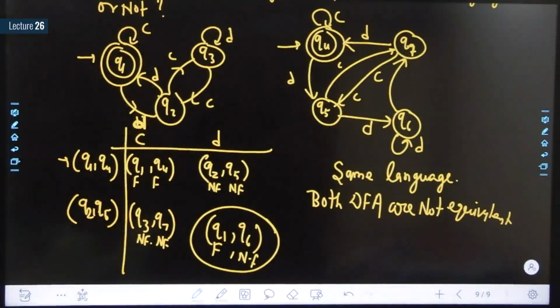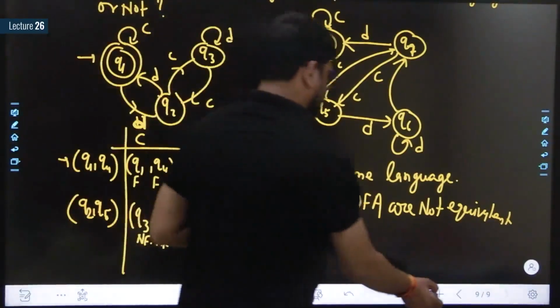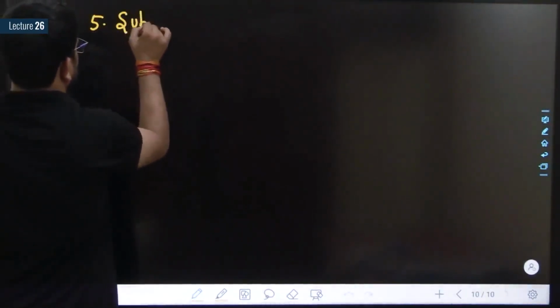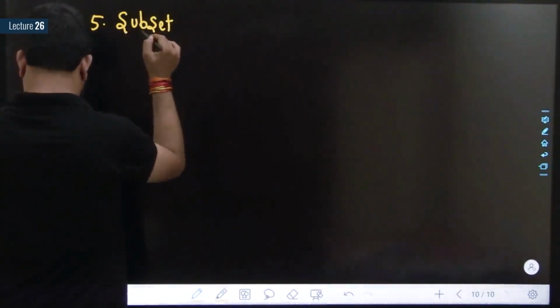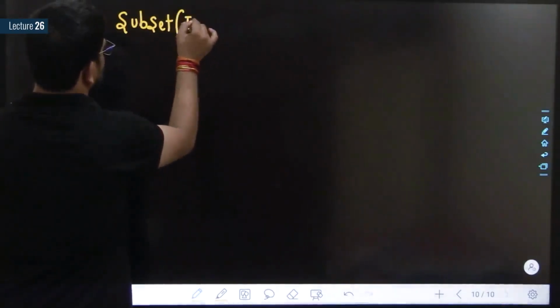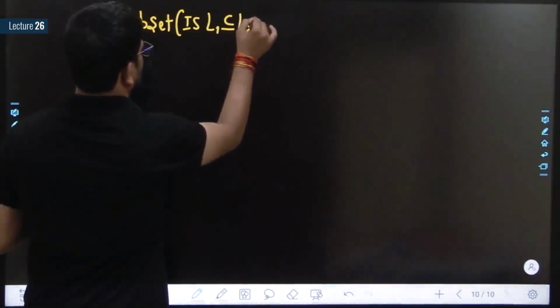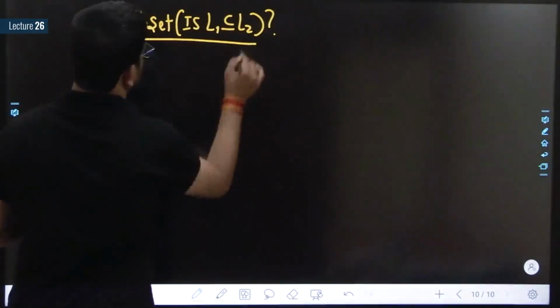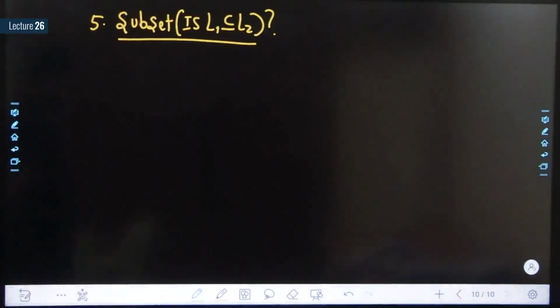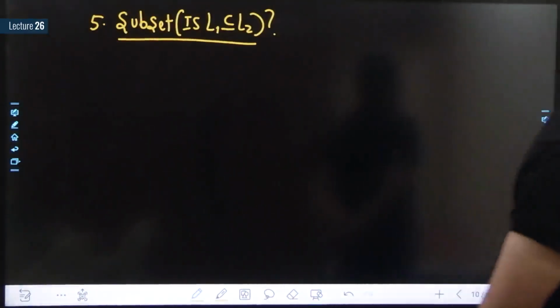See the next and last property, the subset problem. Fifth, subset. What do you mean by this? Is L1 a subset of L2? How to prove this? Take the DFAs that accept L1 and L2.